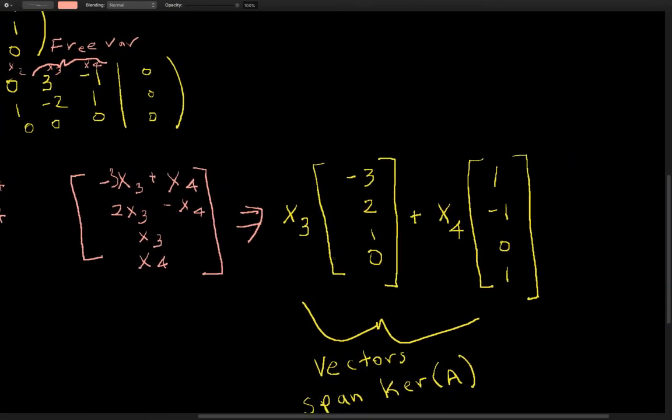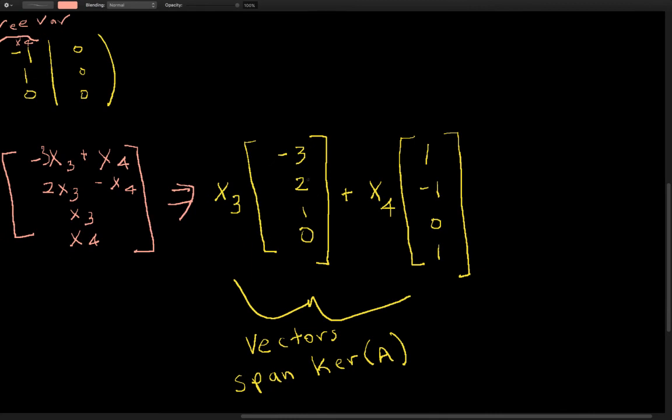So we can create all of the vectors in our null space with a linear combination of these two vectors here. And that's the kernel.